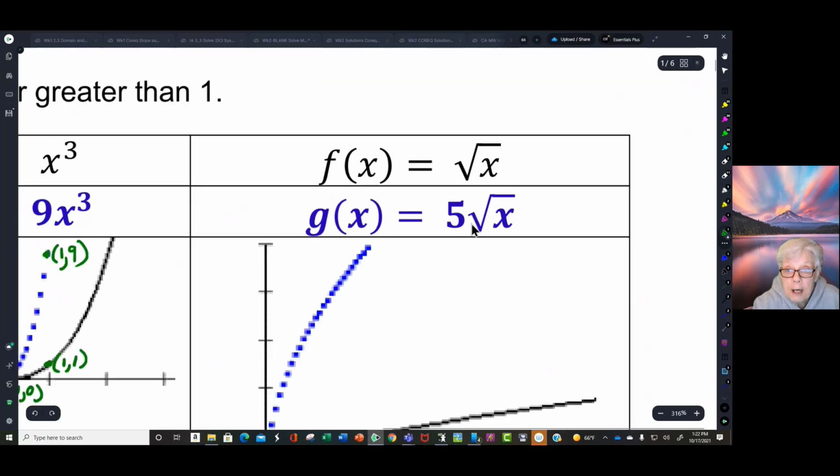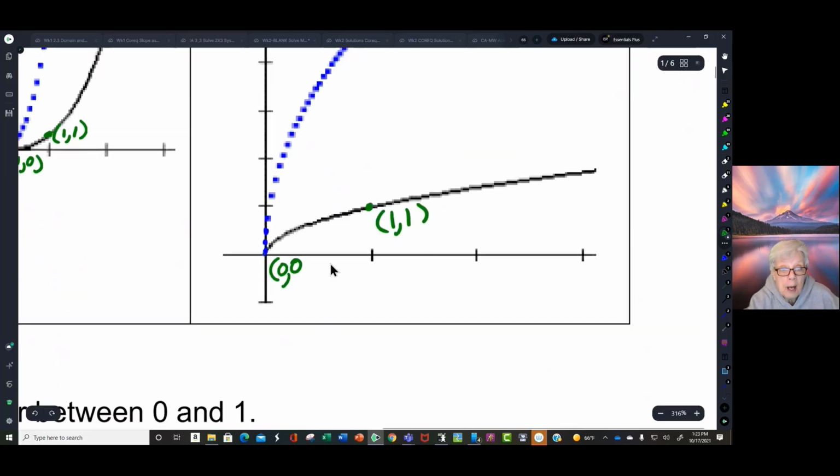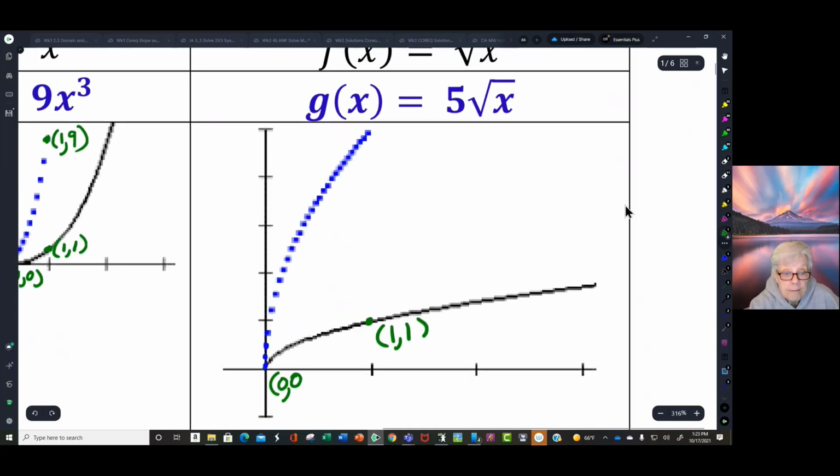Now here we have in front of the basic function 5. It's a number greater than 1. It's going to multiply all of the y coordinates, so 0, 0 remains 0, 0. But 1, 1 will become 1, 5.